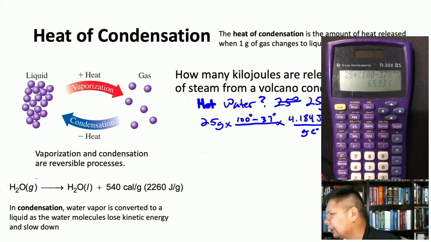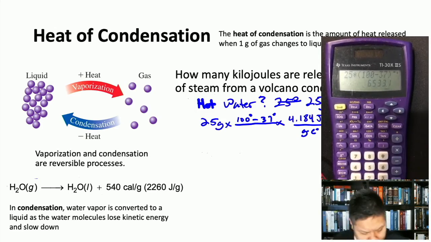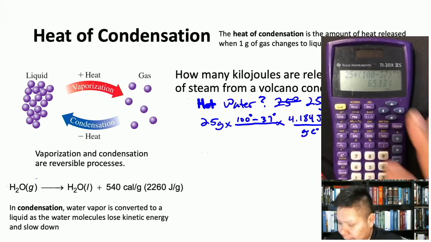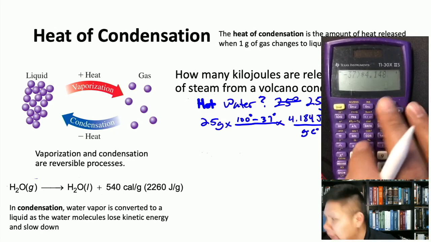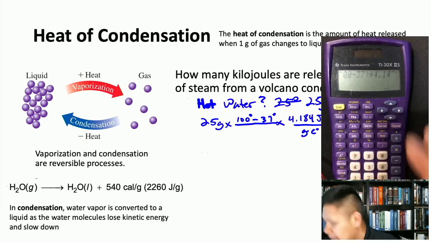So the answer you get is, did I do that right? Oh, I did that backwards, that's why. It should be 4.184 there, not 1.184.